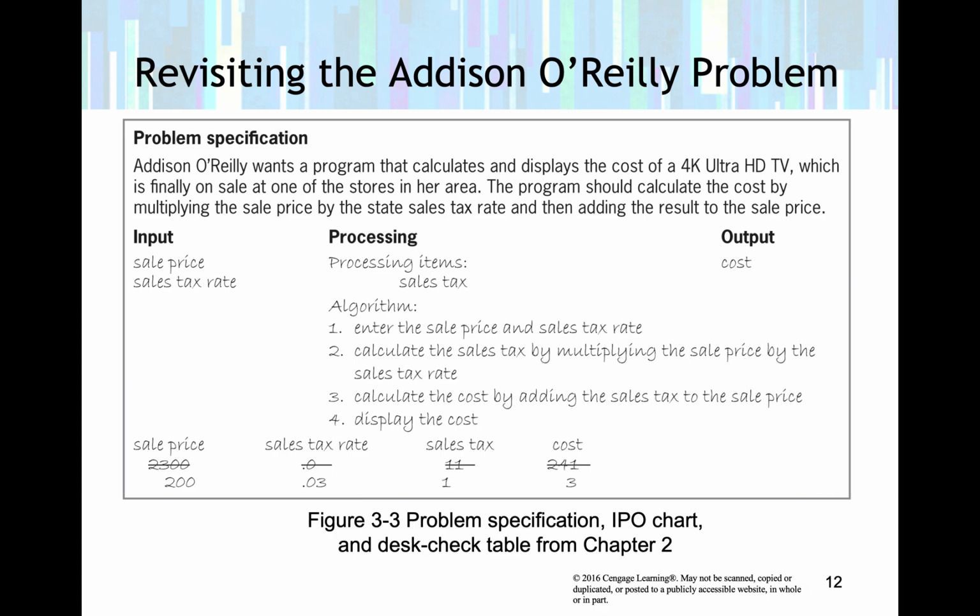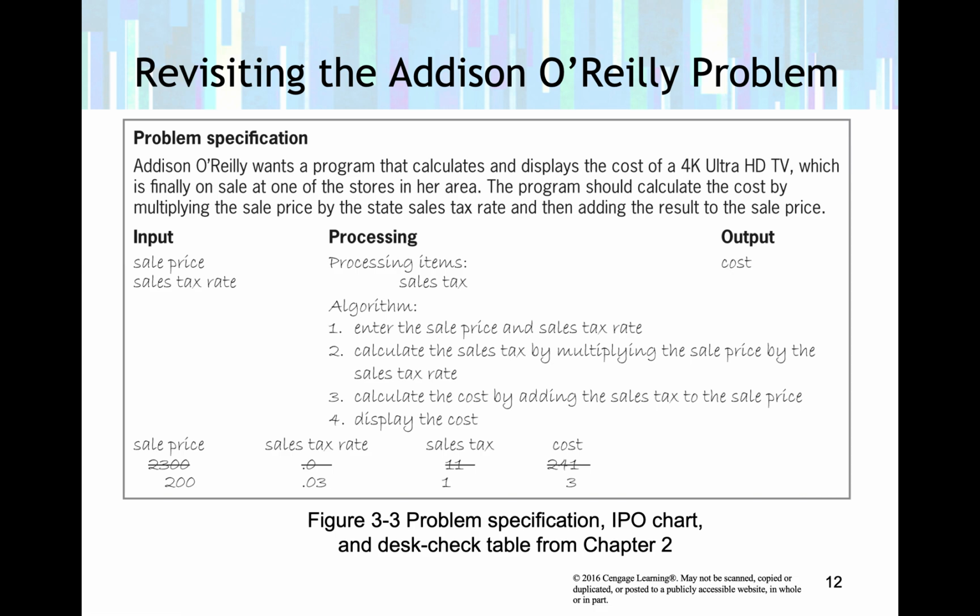Okay, so let's look at this problem again that we looked at before. This is the problem where we wanted to calculate the cost of the TV given the sales tax. So they gave us the sale price and the sales tax rate, and then we calculate the output, which is the cost of our TV, how much we have to pay.